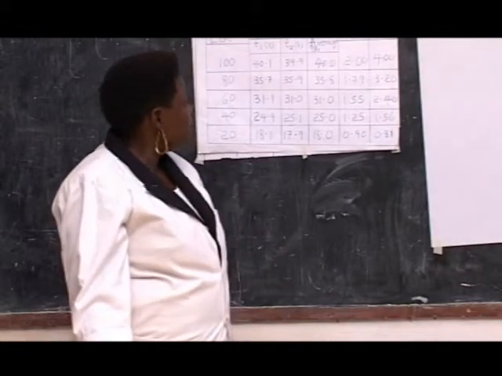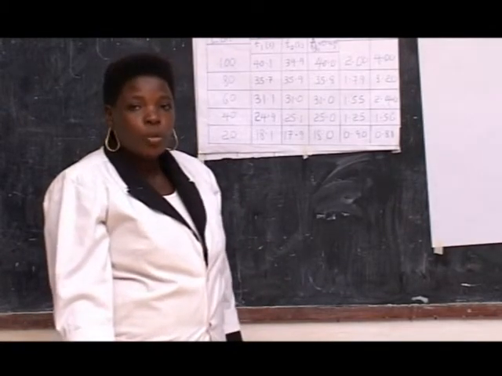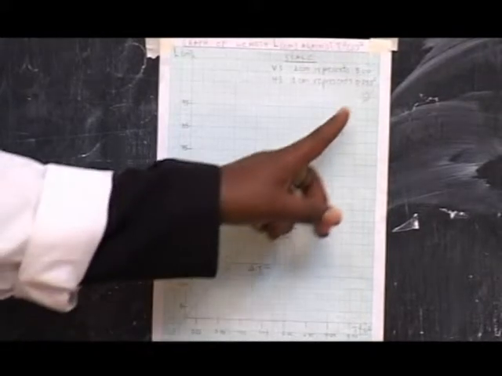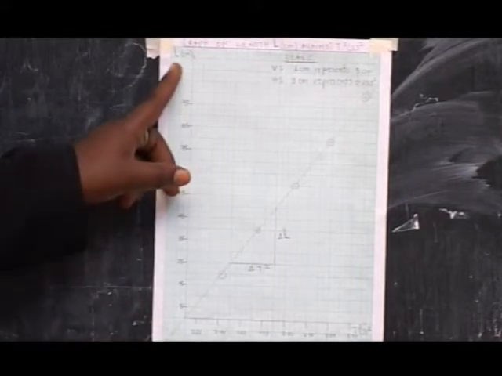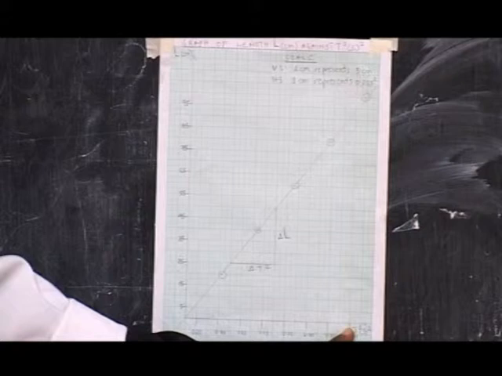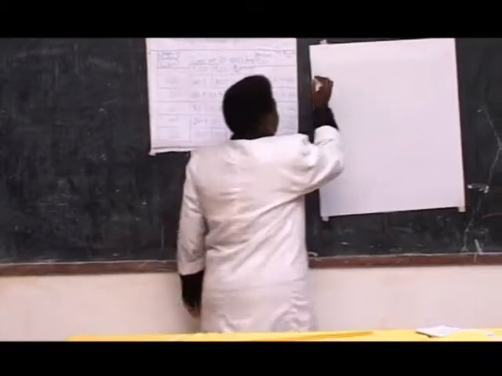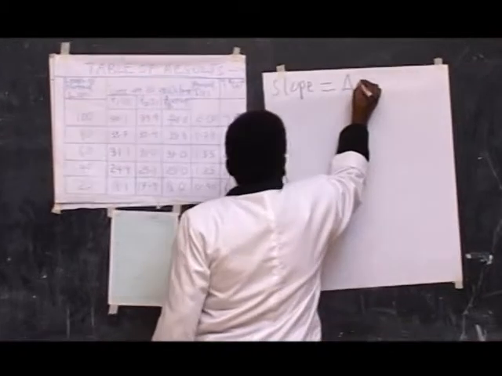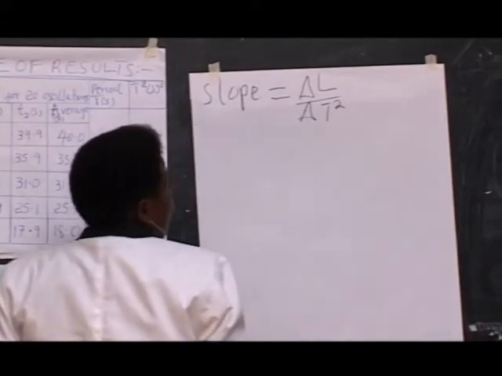From the table of results, plot a graph of L against periodic time squared. You will get a graph of this nature, which passes through the origin. This shows that as L increases, periodic time squared also increases. Then calculate the slope of the graph. From the graph, the slope is change in L over change in T squared.